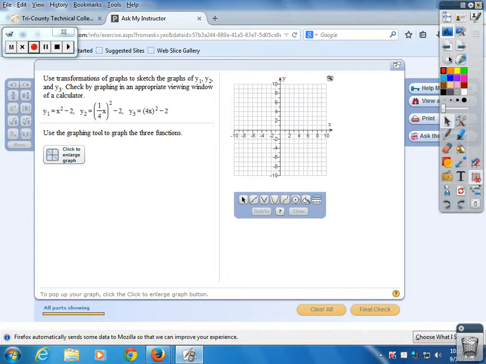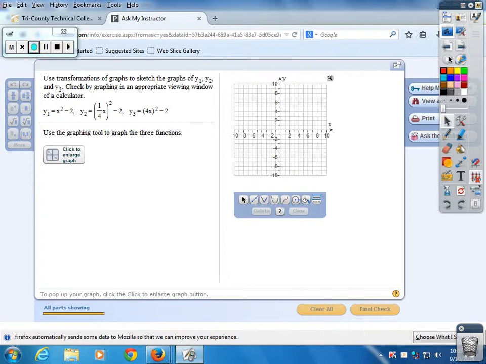If it was attached to X, it would be X plus 3, quantity squared. So you need to make a note of that. H has to be attached to X within the function, or within the absolute value, or within the radical.